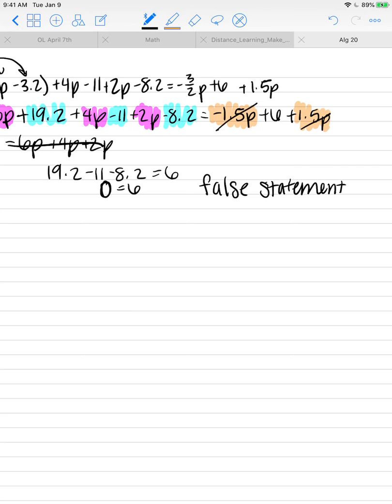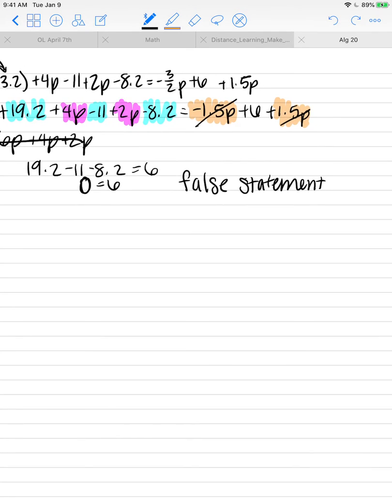And what I mean by that is the two numbers on opposite sides of the equal sign, or an easier way of saying it is 0 does not equal 6. We know that these do not equal each other. So 0 equals 6 is a false statement. When we see these false statements, we know that there are no solutions.